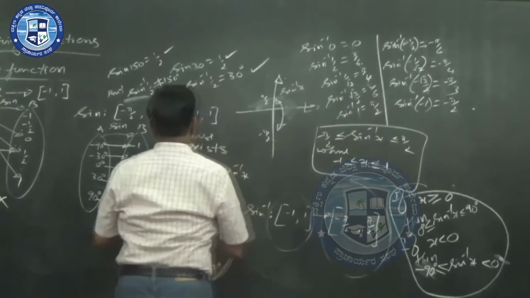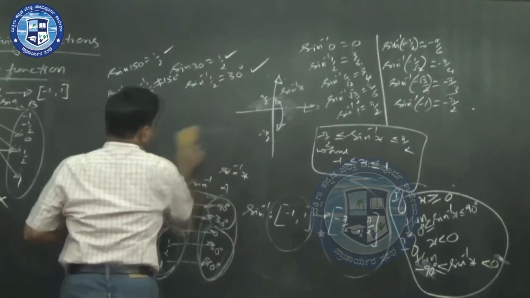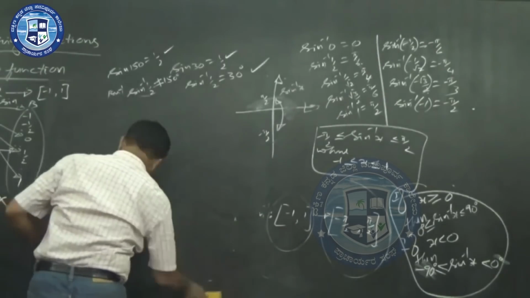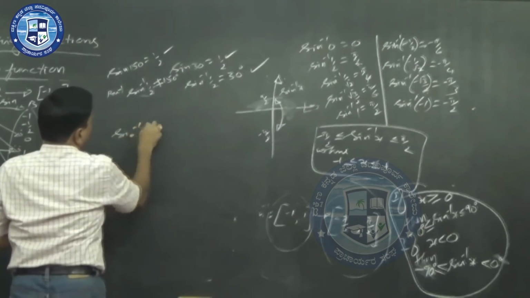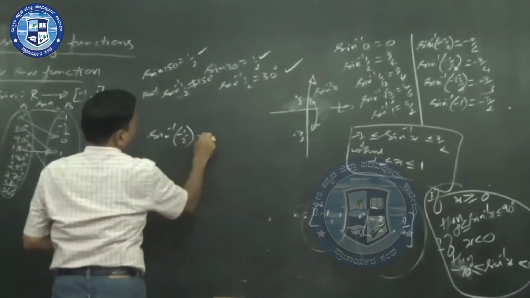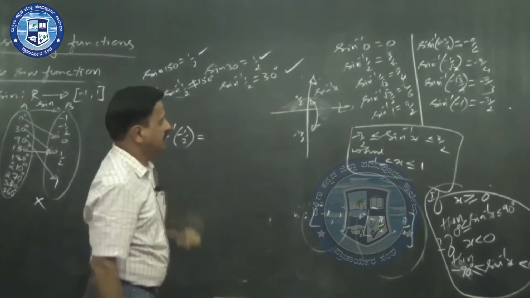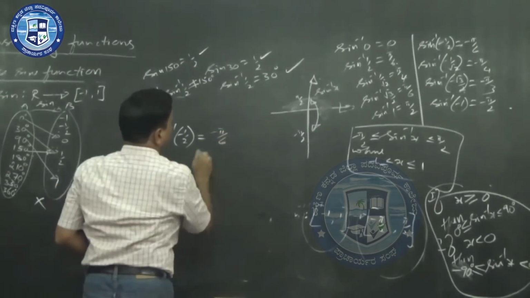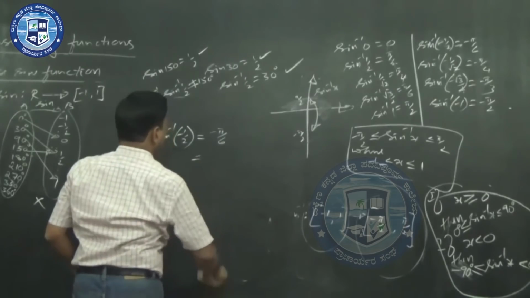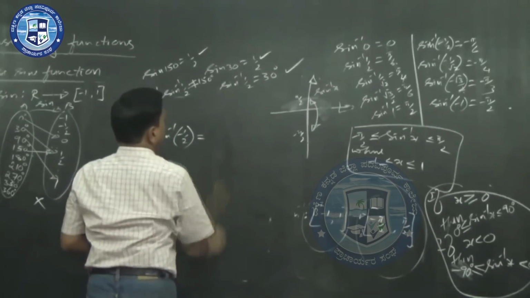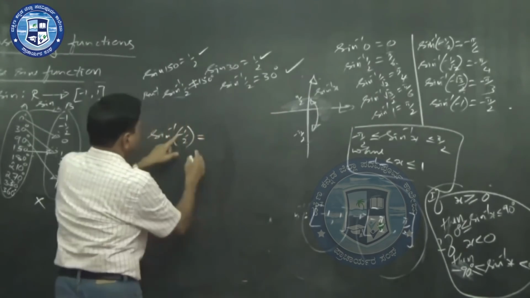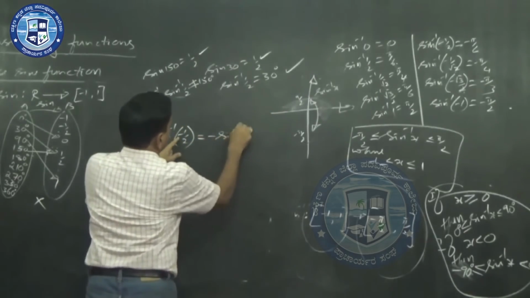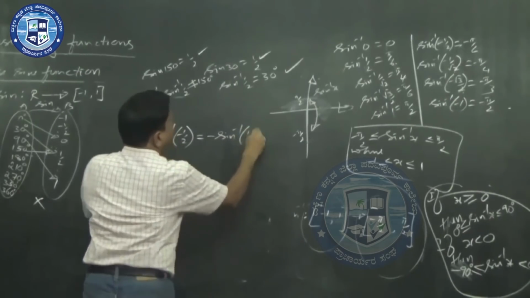And if you observe that particular analysis, say for example, sine inverse of minus half, you have written minus pi by 6. Sine inverse of minus half is minus pi by 6, and at the same time, this is nothing but minus sine inverse half.